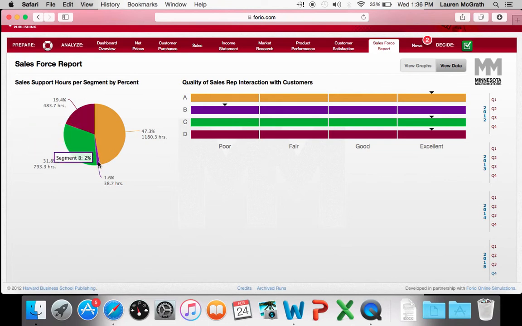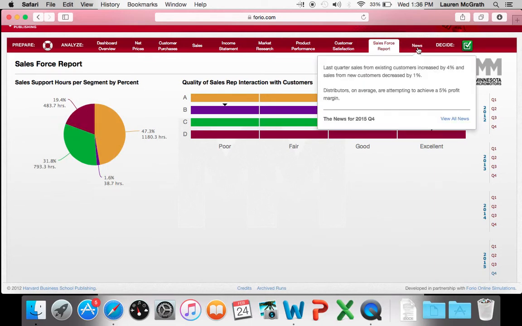So segment B, we still wanted a little bit, but we didn't want to put too much emphasis on them since we knew that they were going to the competitors. Segment C, we obviously wanted to keep theirs up pretty high since they were going in between us and the competitor. In segment D, with those discounts, and a lot of Salesforce as well, kind of going after segment C. So they still were really important to us, but obviously not as important as segment A.